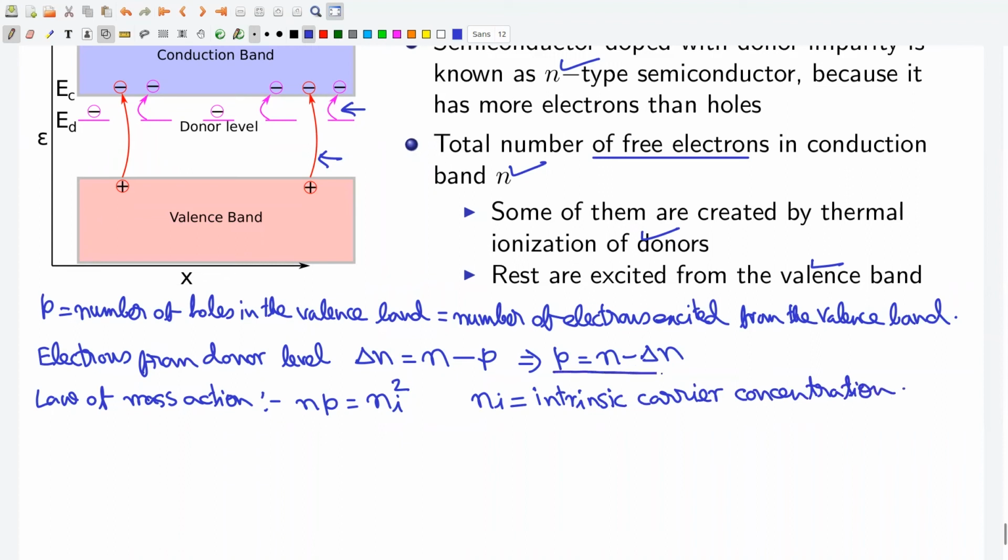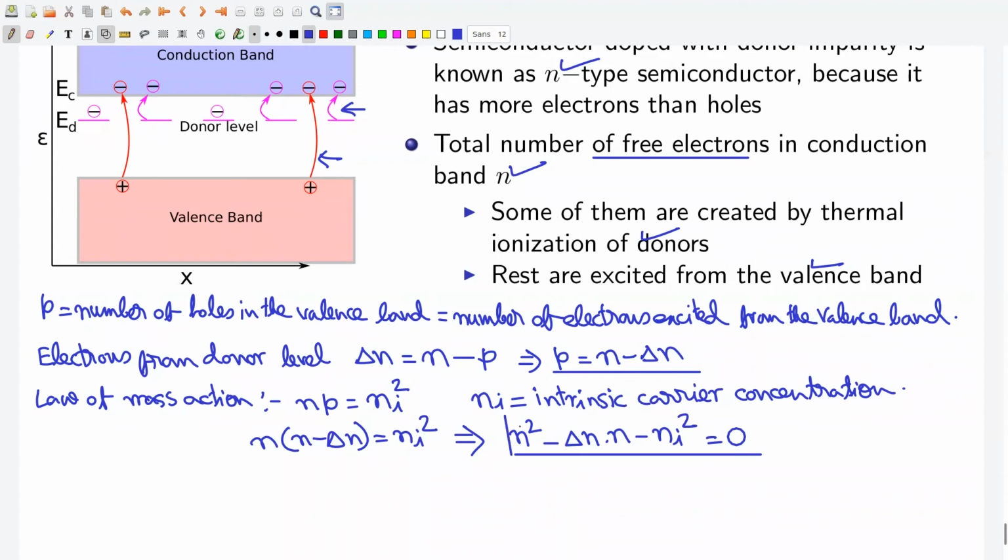Now we replace P equal to N minus delta N in this equation, such that N times (N minus delta N) is equal to Ni square, which can be written as N square minus delta N times N minus Ni square is equal to 0. So we have to solve this equation.